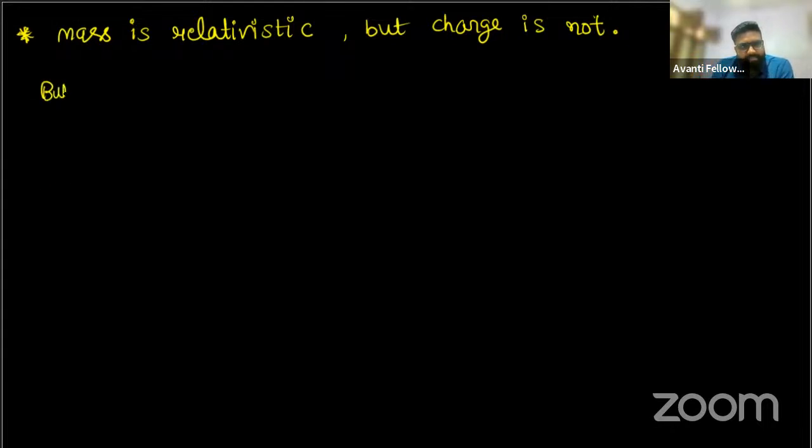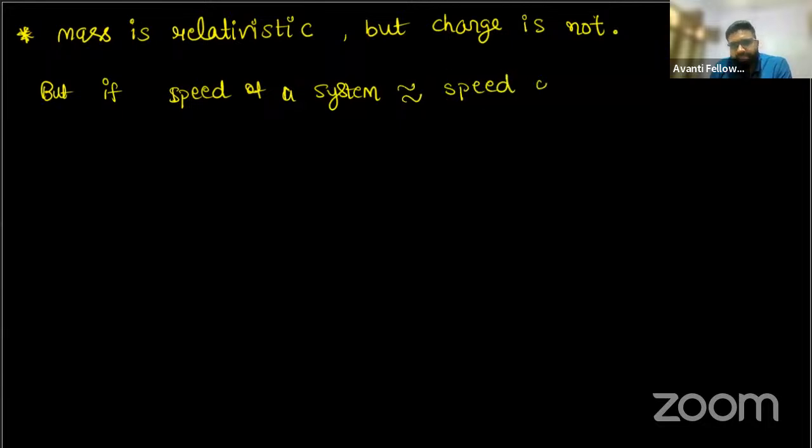But if the speed of a system is nearly equal to the speed of light, or of the order of the speed of light, which means it has a very high value.